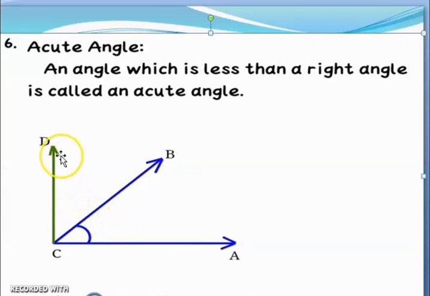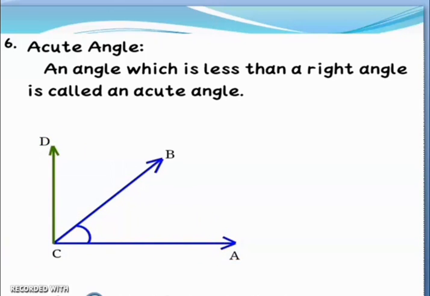So here any angle less than 90 degrees, that is 89, 88, 87 down to 0 degrees, these are called acute angles. Any angle less than this 90 degrees is called an acute angle.